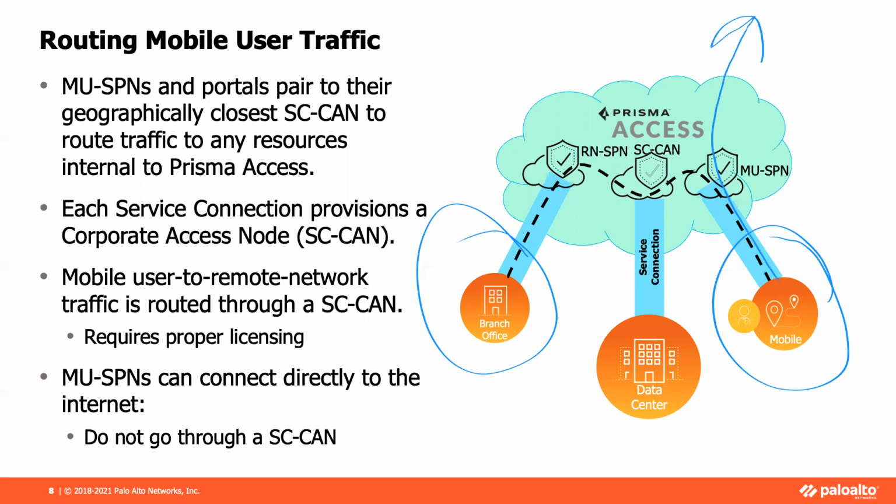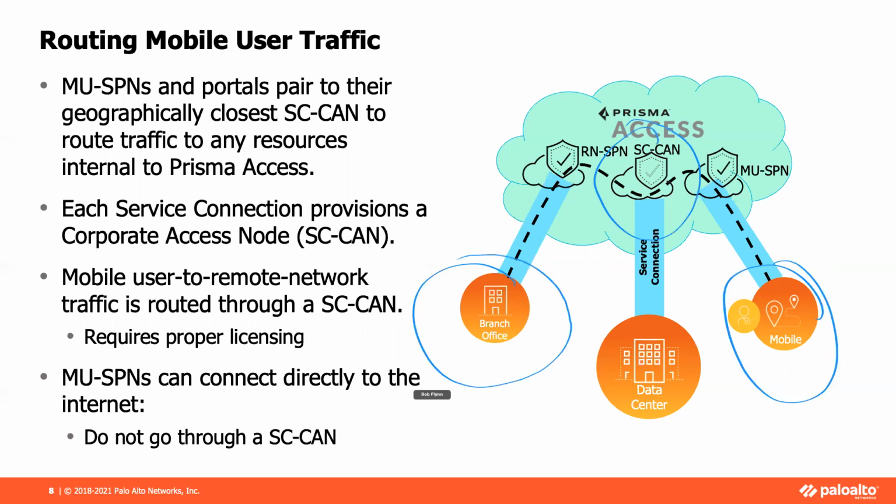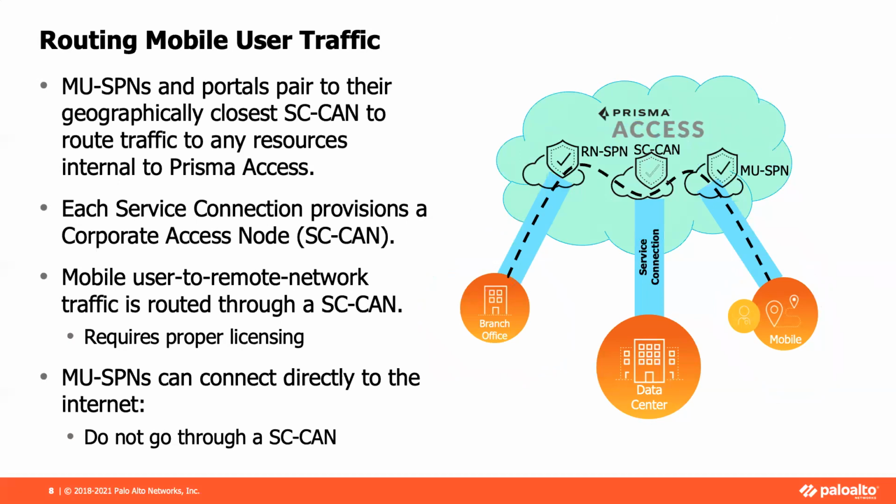We can have them use a corporate access node as basically a router to be able to route them to a branch office or remote network instead of going out to the internet. Again, we have that interconnect license to do that.